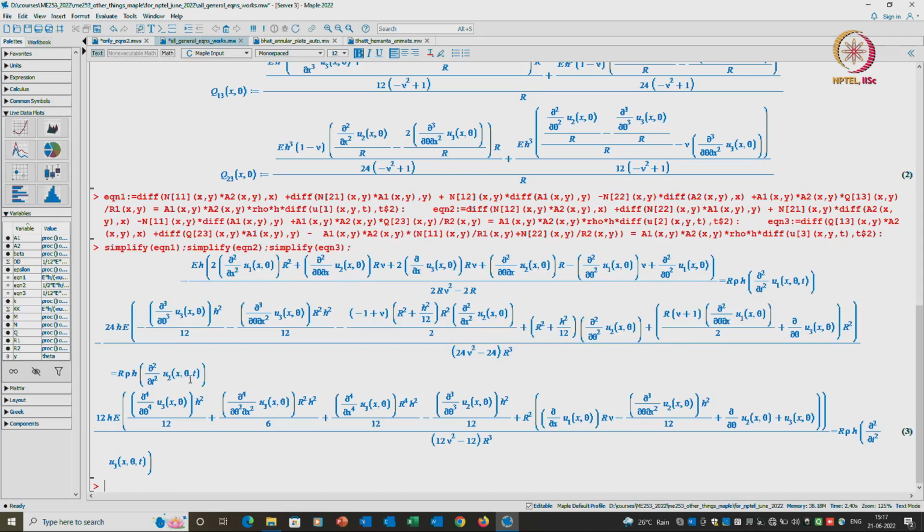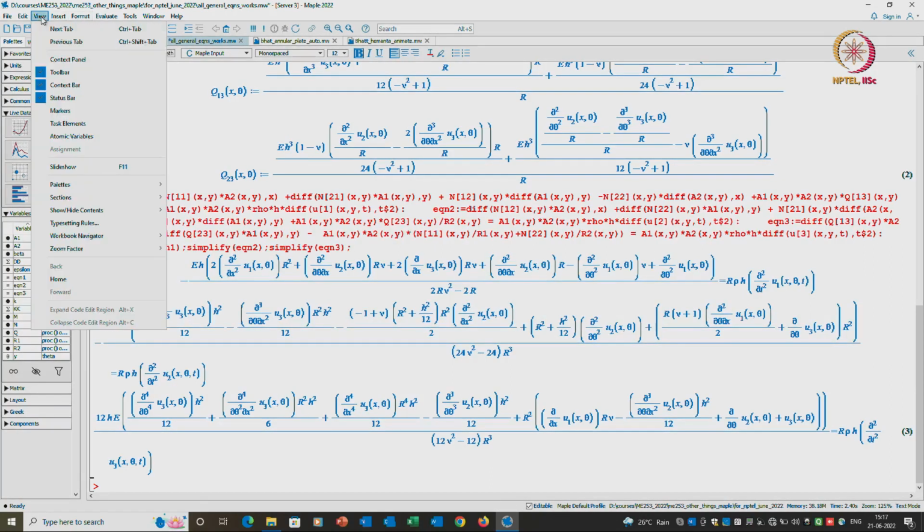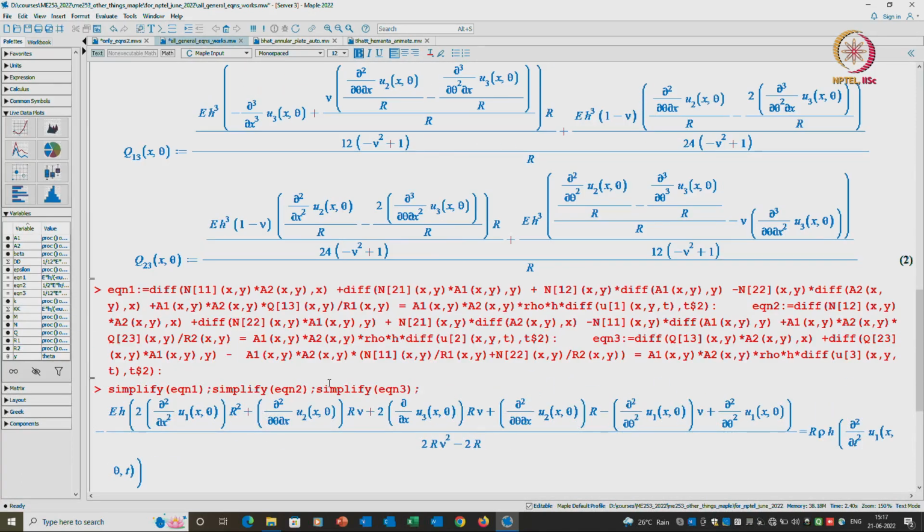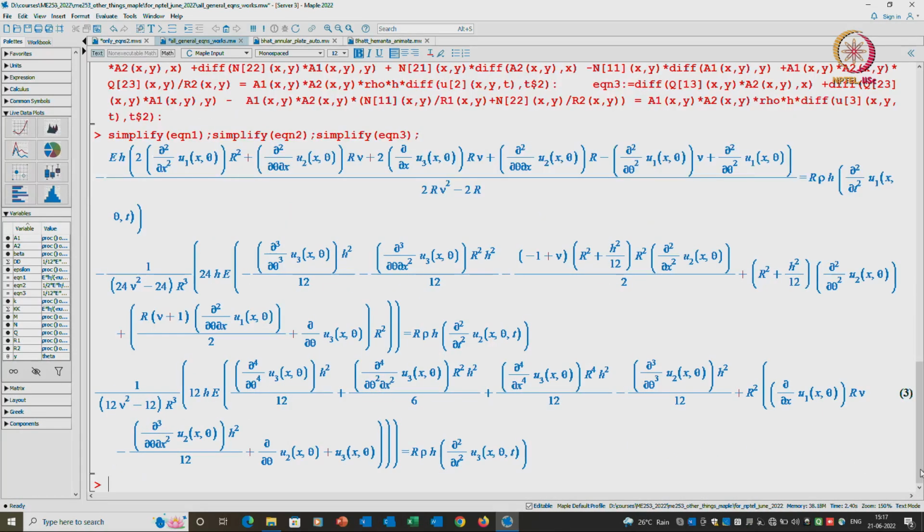Now for the cylinder, if I increase the font, you can see that there is a temporal derivative term here, there is a temporal derivative term here, and there is a temporal derivative term over here.